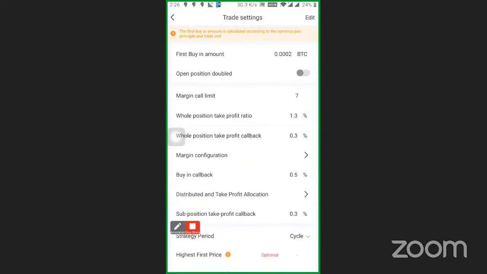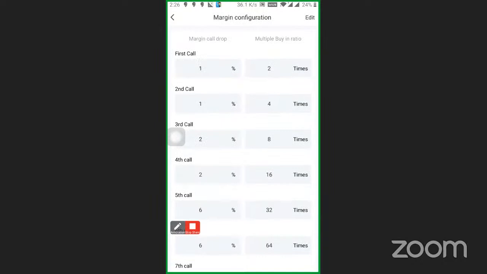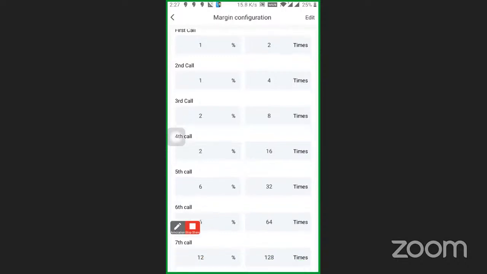That will help you minimize the floating loss and increase the possibilities of closing the position. How does the robot close the position? By selling all you bought previously and giving you back your BTC with some amount of profit, right? So this is the best strategy that you can use.